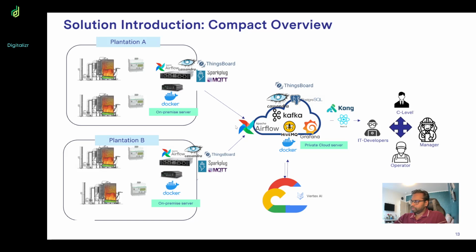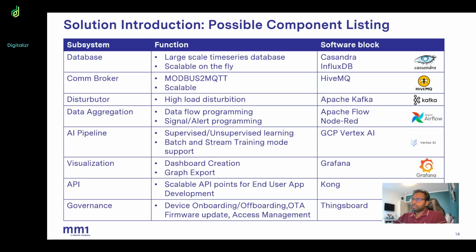The machine learning part can be thought of as another layer of service, like a microservice. We will leverage Google Cloud Vertex AI for this operation. These are the subsystems we can implement to design an IoT platform.